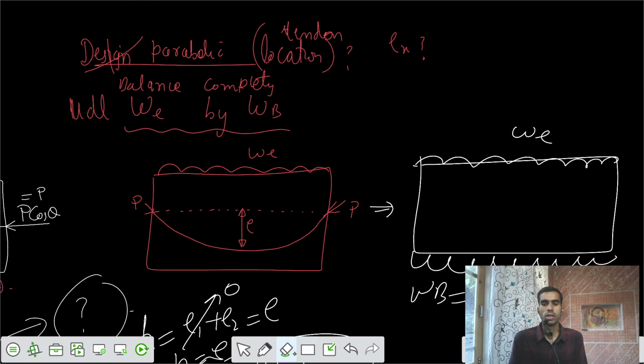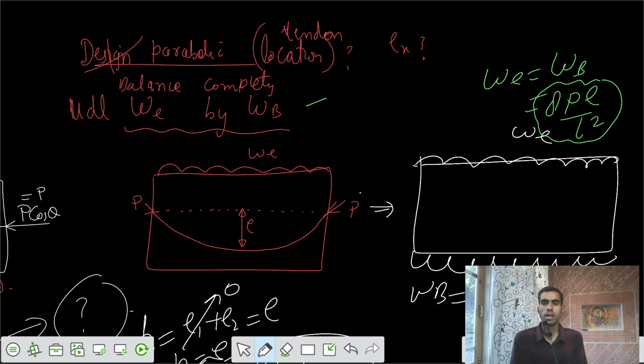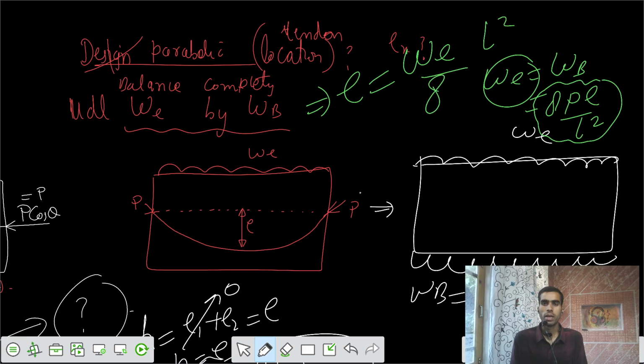So now we can say your eccentricity at the midspan should be equal to W external L square by 8P.